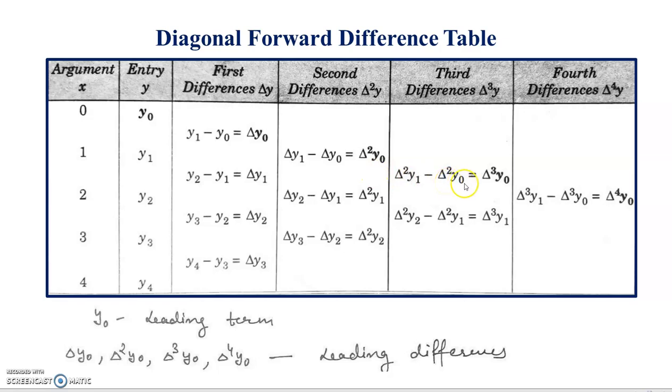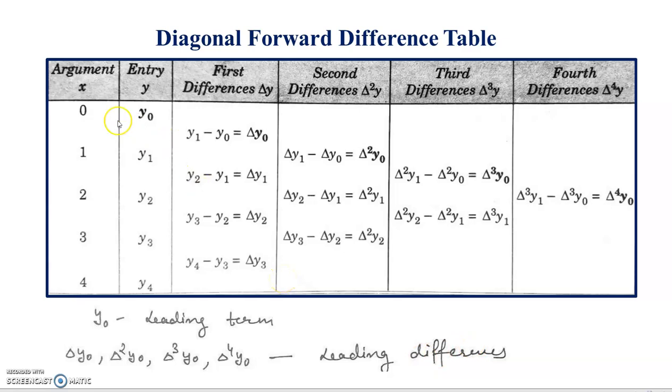And similarly, from differences of third order, you will get fourth order differences. So this is the table for forward differences. Here you can see these dark letters. First, y0 is called the leading term, and all the others, delta y0, delta square y0, delta cube y0 and delta 4 y0, are called leading differences.